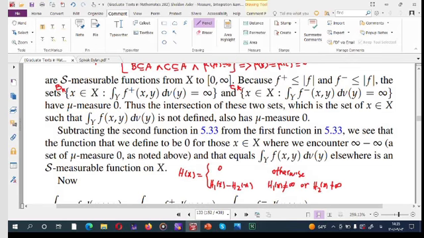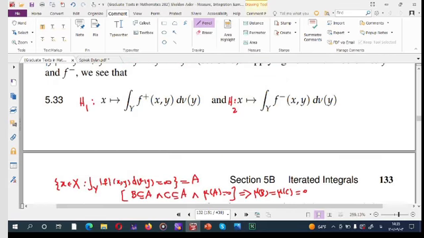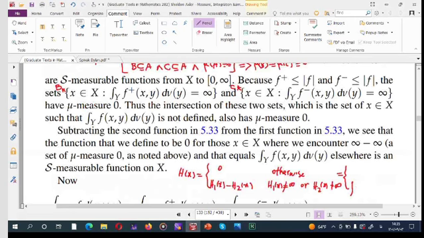But please note that this is equal to the integral of f, because this is the integral of f plus minus the integral of f minus. This is by our definition the integral of f.